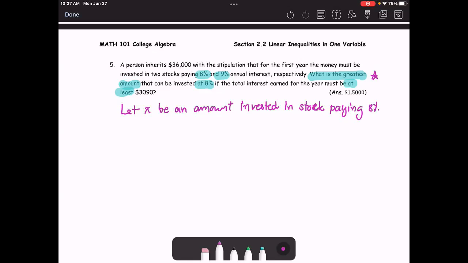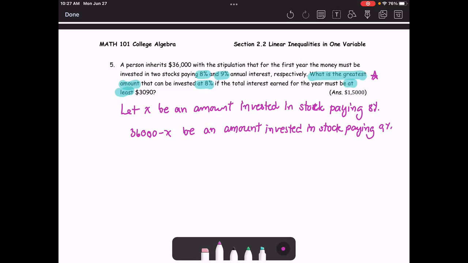That means the remaining, which is 36,000 minus x, will be an amount invested in stock paying 9%.